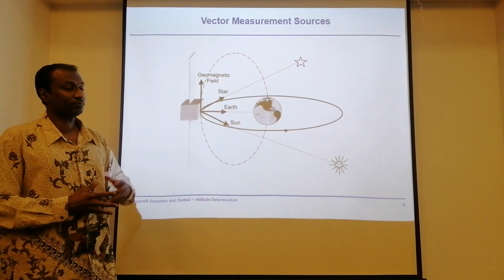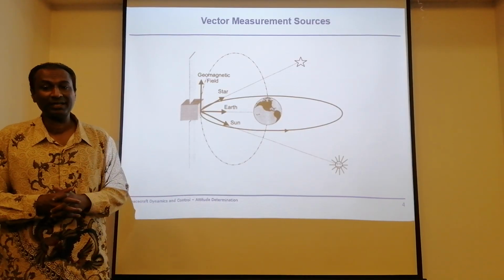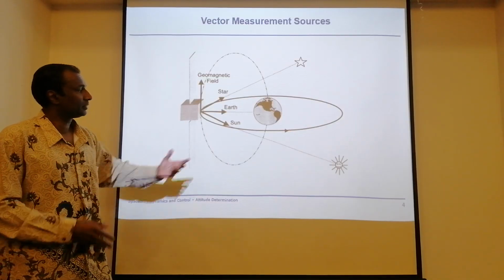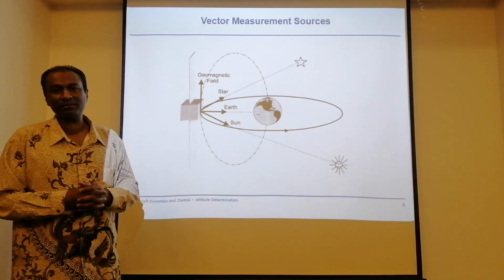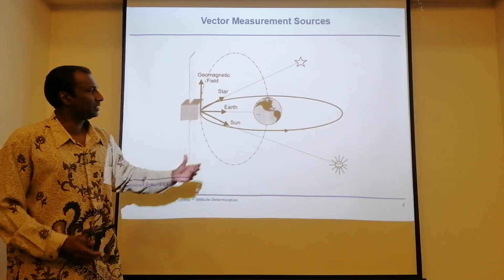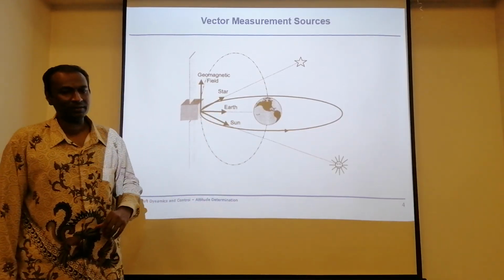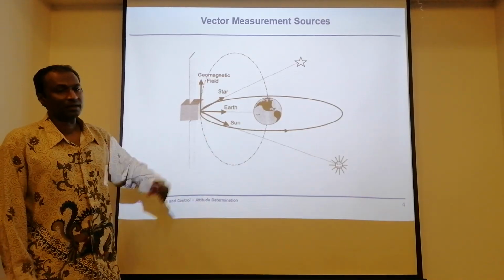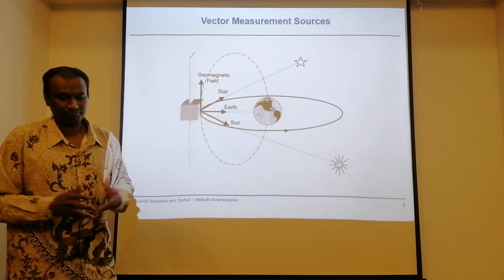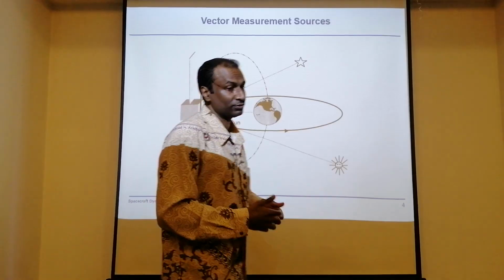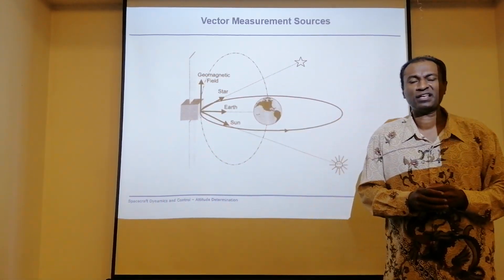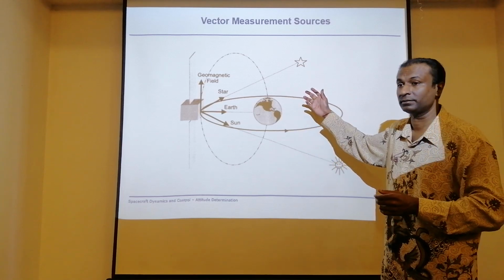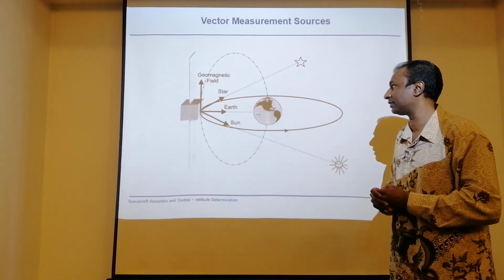Sun sensors could play a good role here, but unfortunately they don't work during the eclipse phase. Planet Earth itself, because we have horizon sensors, can always help us estimate our attitude. We have stars: like seafarers, who use the formation of stars to navigate when sailing, we can use that as well when we are flying.